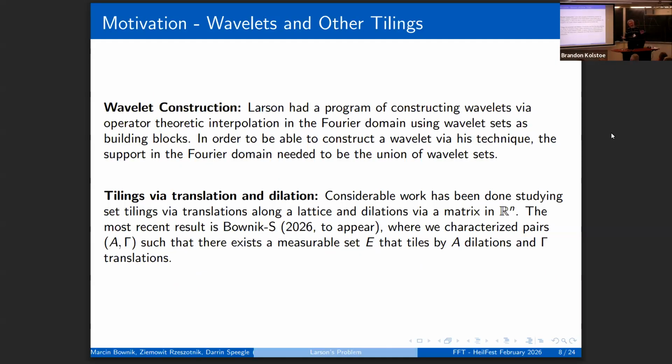And if you wanted to see how far that could go, one thing you might need to know is which wavelets have support in the Fourier domain that can be written as the union of wavelet sets. If you're trying to build a wavelet via wavelet sets, you probably want to hope that the union of the wavelet sets equals the support of the Fourier transform.